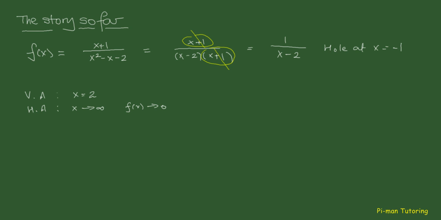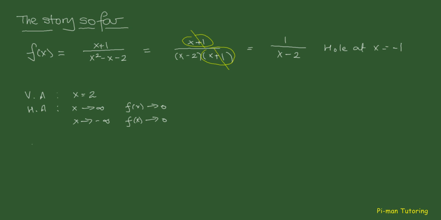So we have a horizontal asymptote at y equals 0. And as x heads in the other direction to minus infinity, we end up with 1 divided by minus infinity. So again we are approaching a value of 0, but from the other side of the axis. So that's all fairly straightforward.